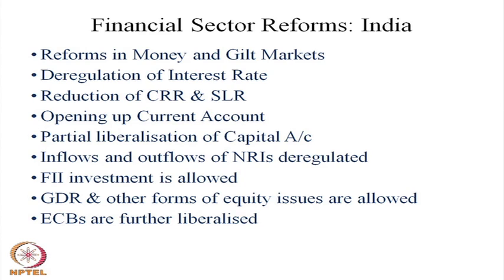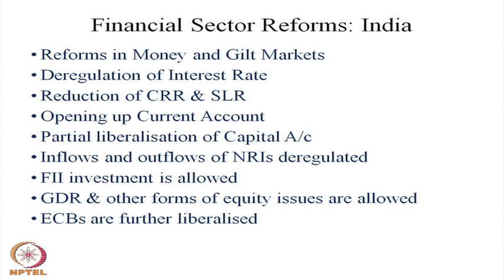There has been a significant reduction of CRR and SLR, which allowed the banks to invest in a more productive way. Similarly, the current account has been liberalized and the capital account has been significantly reformed over the years. The inflow and outflow of NRI funds has been deregulated. FIIs are allowed to invest significantly in the Indian stock market and bond market.